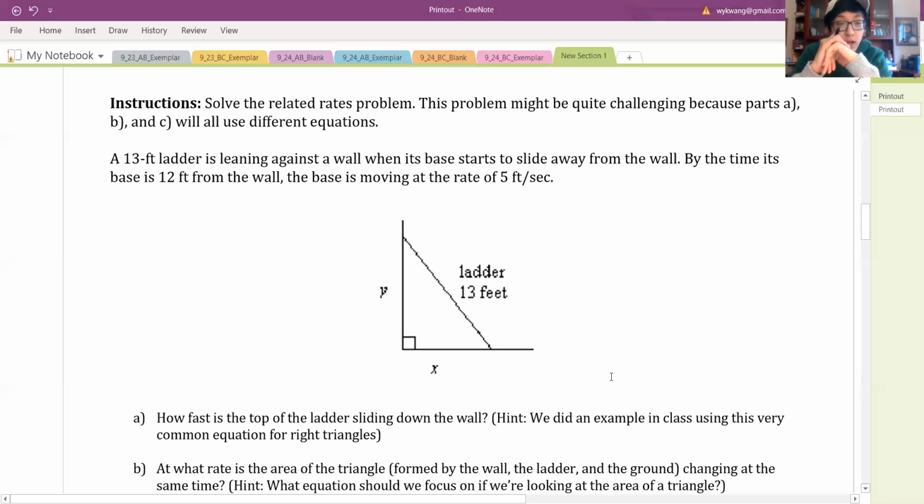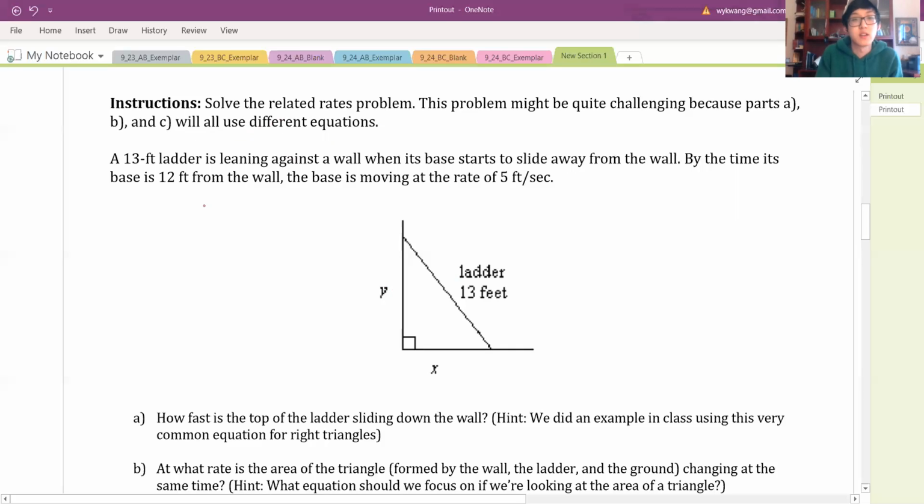So if you want to practice related rates, practice this problem, but just try each problem first, because this problem will use all different equations. So it's almost 3 related rates problems contained into one, which isn't as bad as you might think, in my opinion.